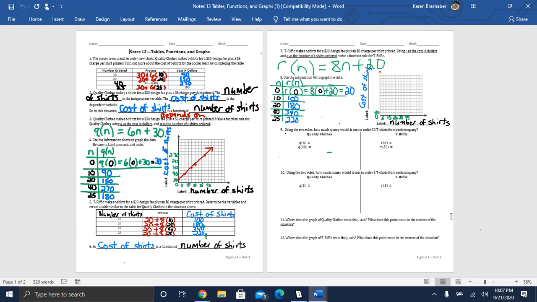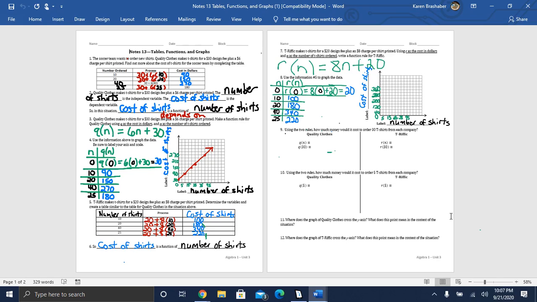So 40, then 80, then 120, then 160. I'll label 200. Then 240, I'll label 280. Then 320, I'll label 360. And that will be enough to get to my highest value.